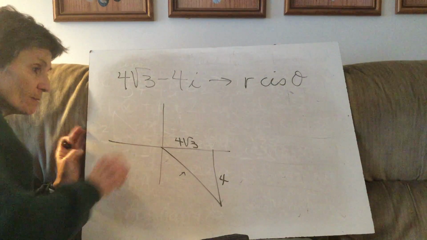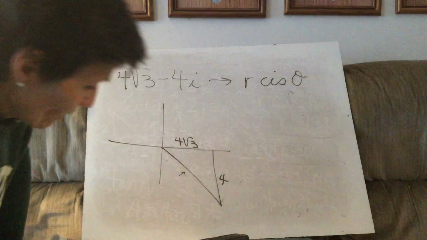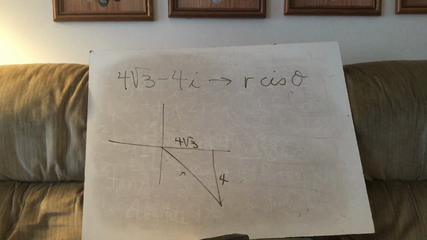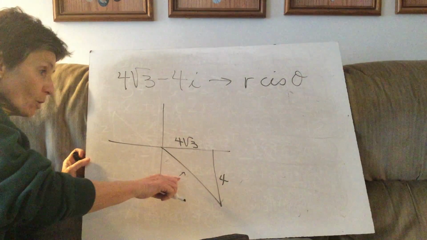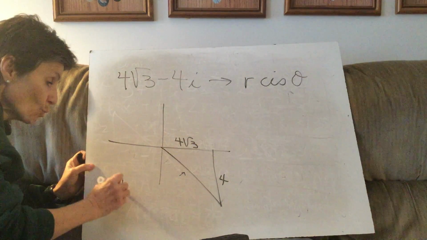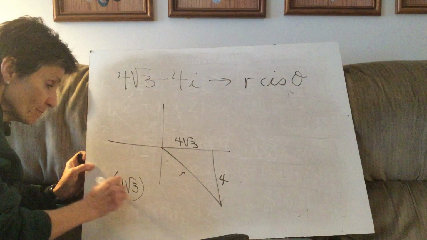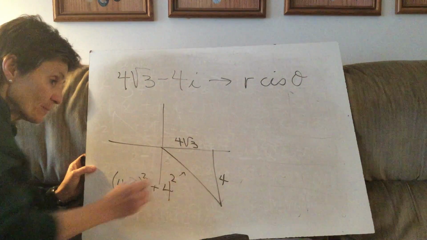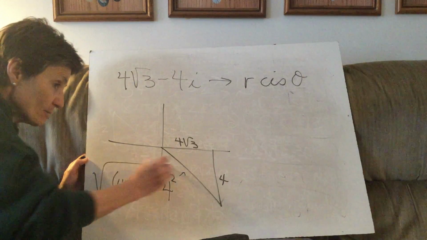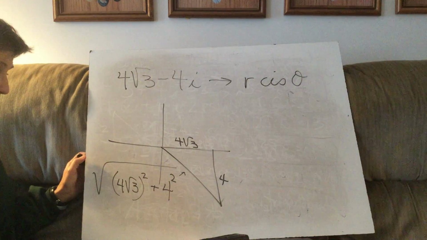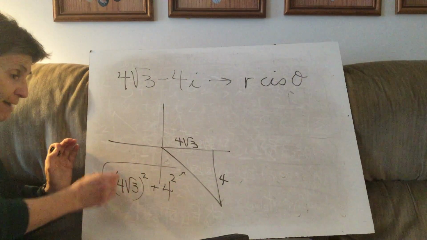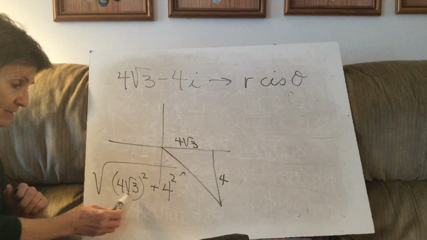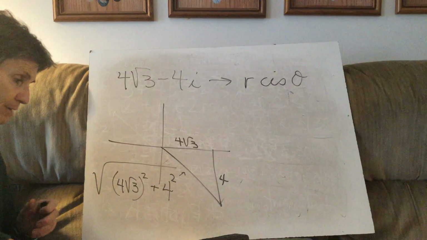Now, this is going to be a little tricky. I want you to be very, very careful when you do this. We know that to find our r, we have to square the first one, square the second one, add them together and take the square root, right? Now, when you square that first one, you see how I have parentheses there? That is necessary.